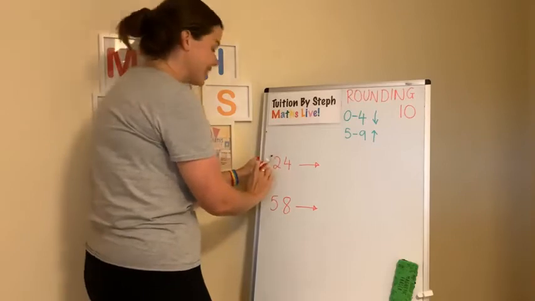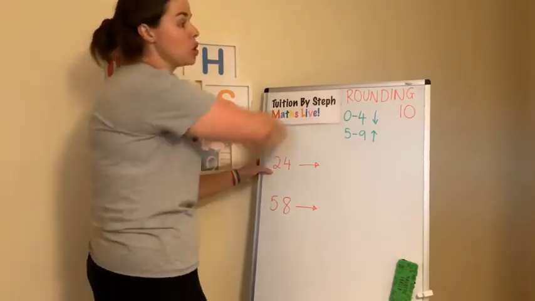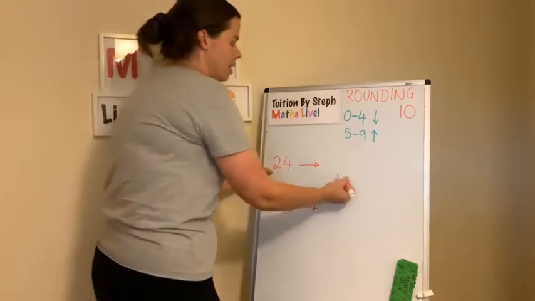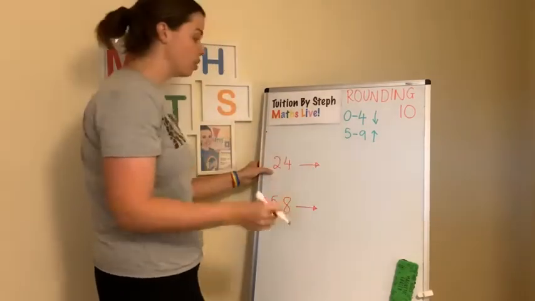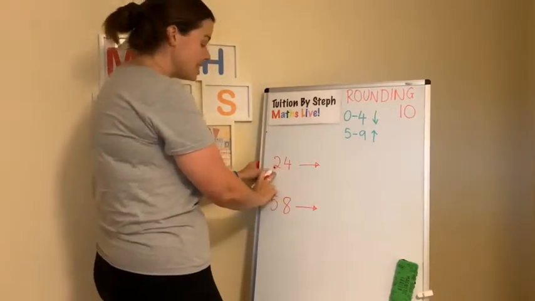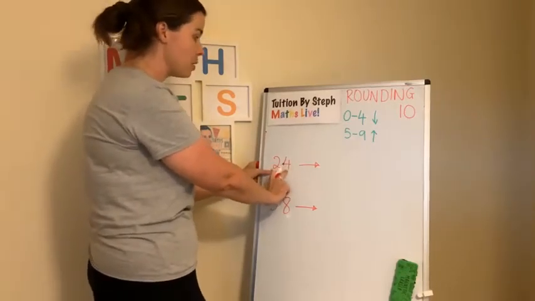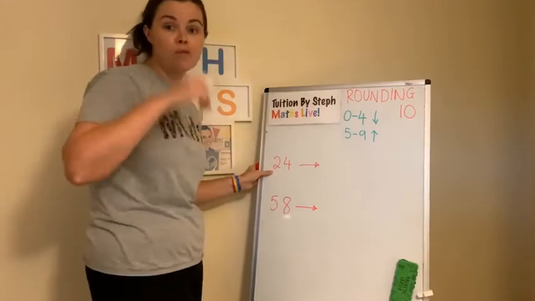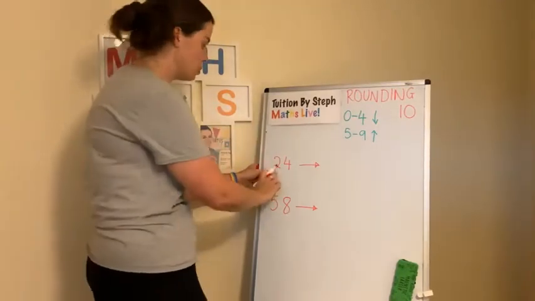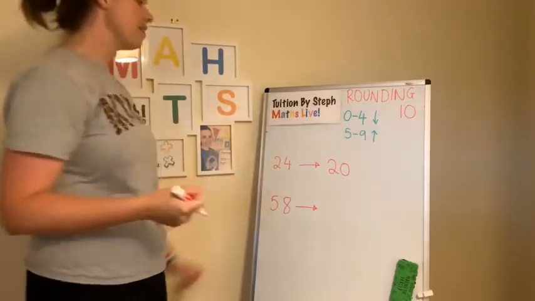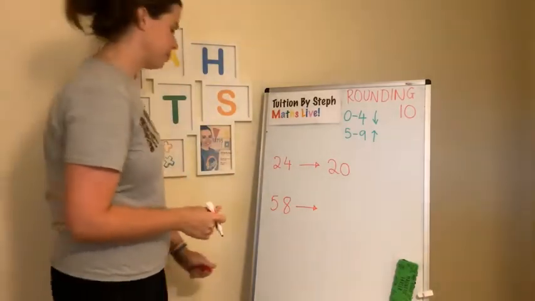So it's either going to stay in the 20s or it's going to go up to the next 10, which is the 30s. Now, I say you could put it on the number line, but let's follow the rule. Because the digit to the right, next to it, the place value is a 4, that means we round down or we stick. So we don't move from the 20s, we stay in the 20s. So to the nearest 10, it is 20.